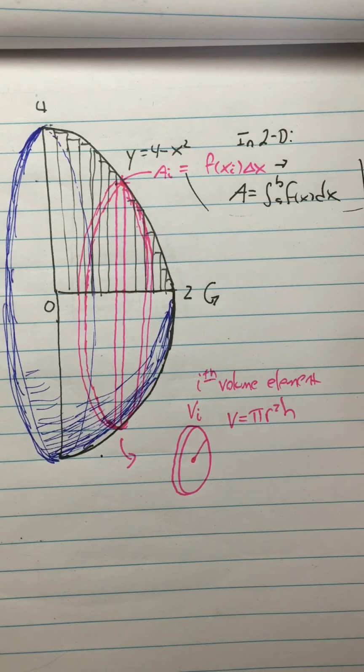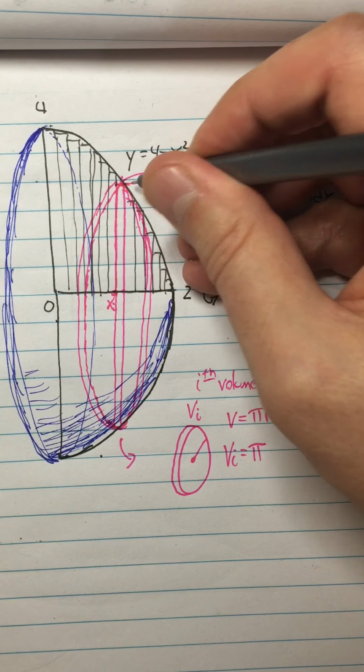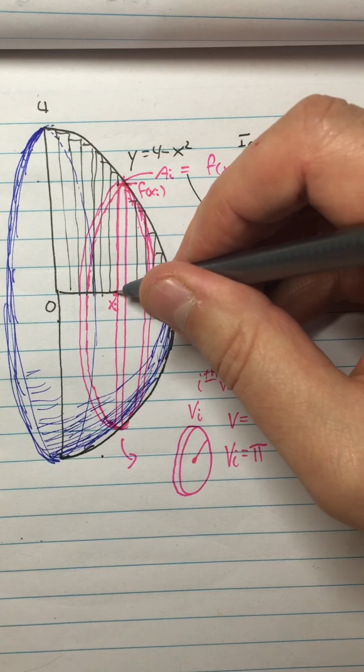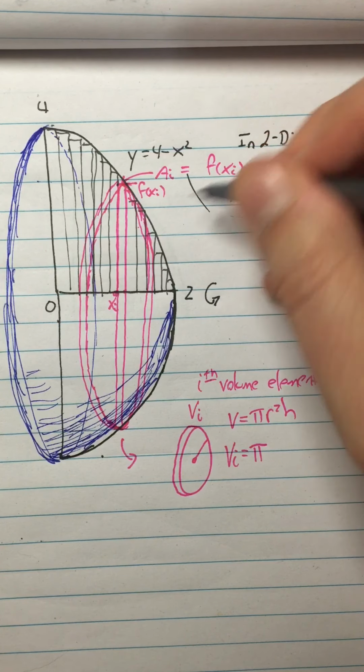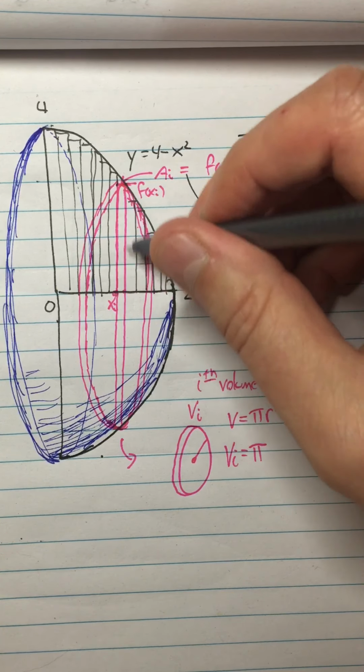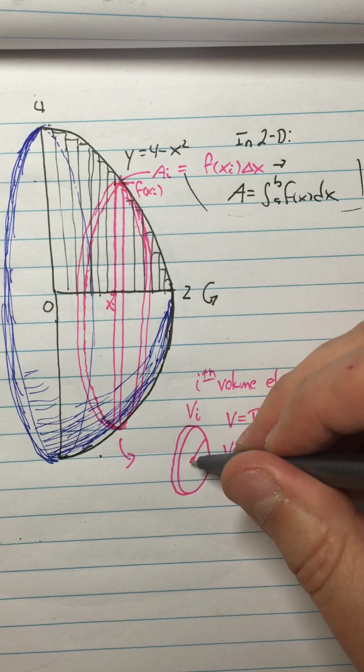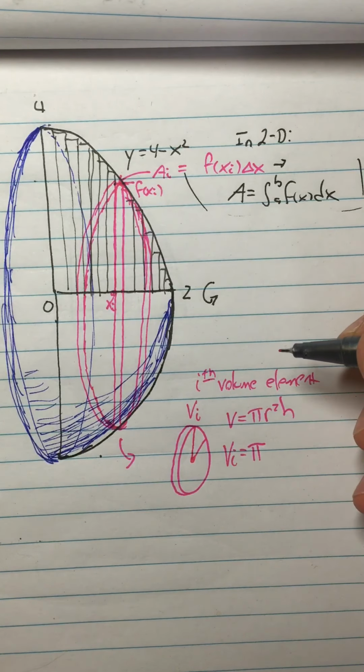Well, if this is x sub i right here, then the radius of the cylinder is just the height to the curve. So that's going to be f of x sub i. Just like f of x sub i is the height of the rectangle, it is then also the radius of the circle. But I have to square it because it's part of the volume formula for a cylinder.